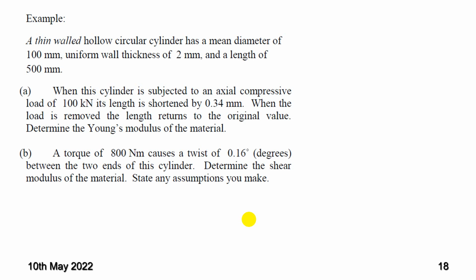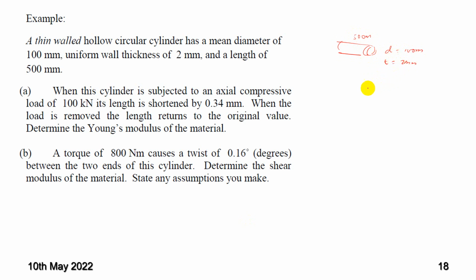Now let us see how we can apply this in a real scenario. A thin walled hollow circular cylinder has a mean diameter of 100 millimeter, a thickness of 2 millimeter, and a length of 500 millimeter. So it's a cylinder which is 500 millimeter long, the diameter is 100 millimeter, and the thickness is 2 millimeter.